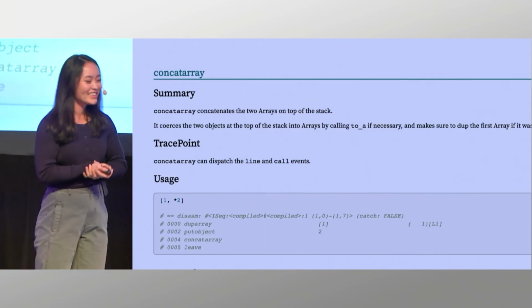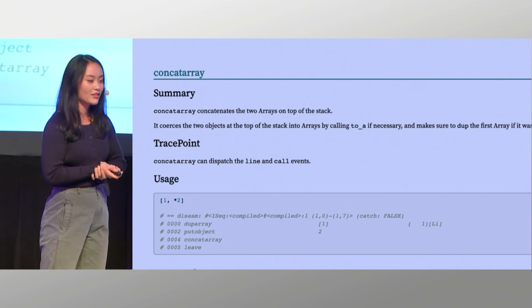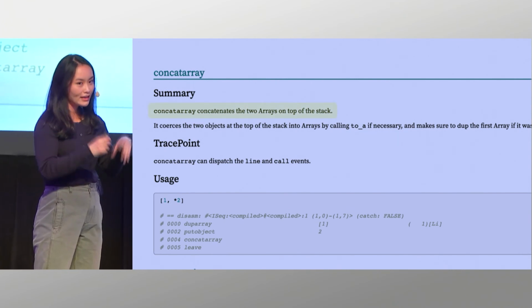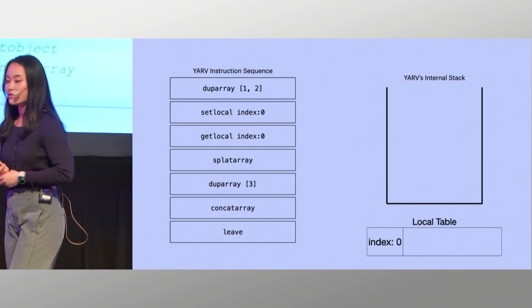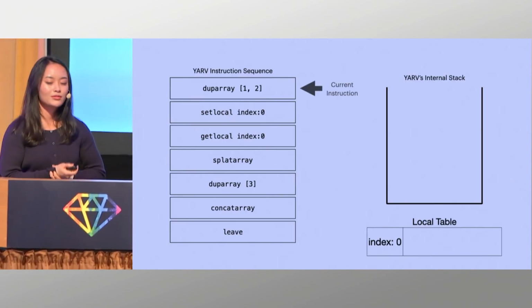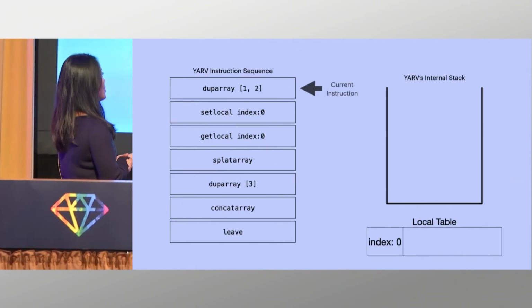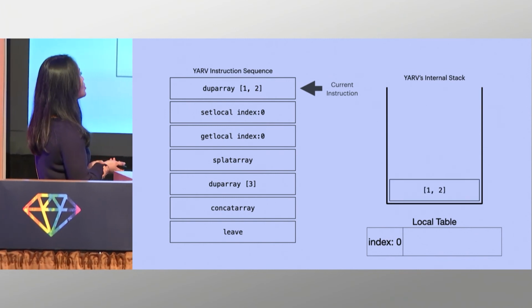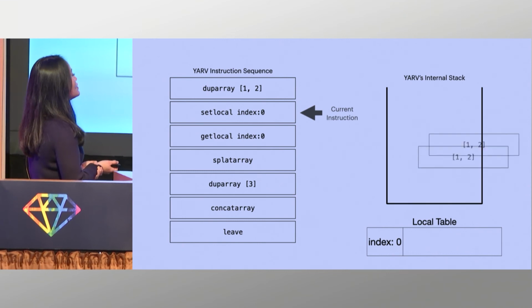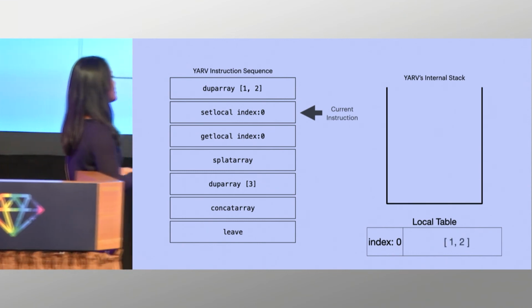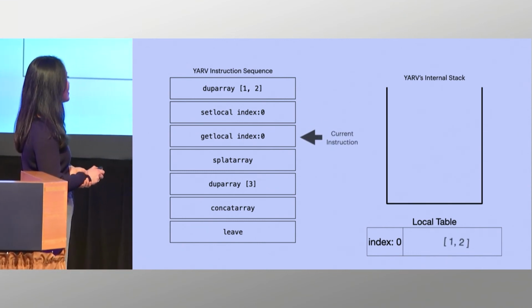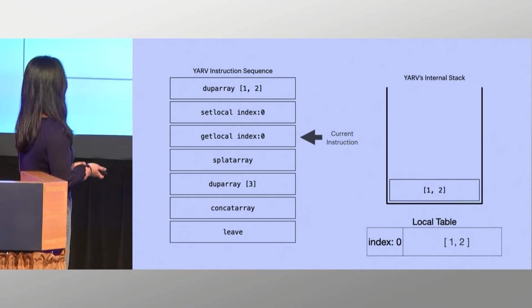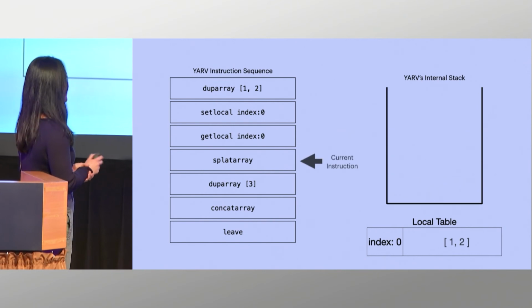Concat array pops 2 objects off the stack, concatenates them, and then pushes the result back onto the stack. So let's take a quick look visually at how it happens. Dupe array pushes 1 and 2 onto the stack. Set local sets it to the local table, and then get local gets it. Splat array pops it off the stack and pushes it back on.